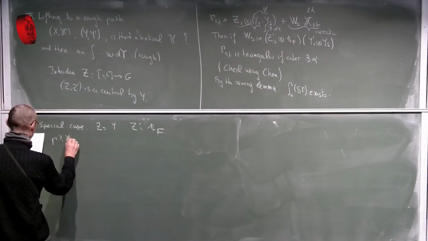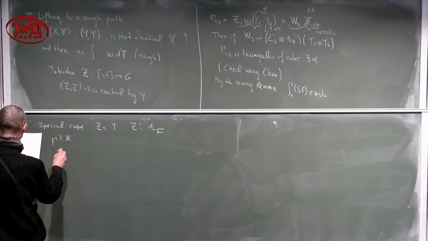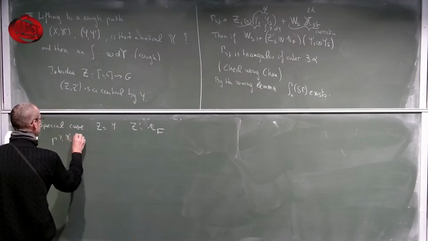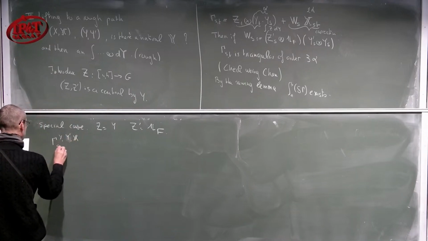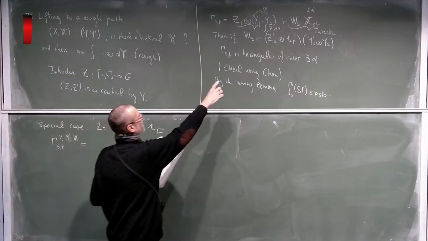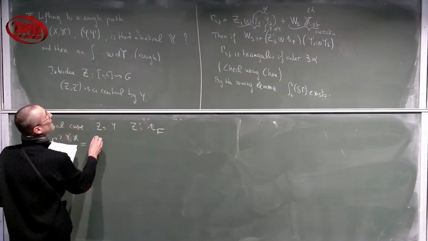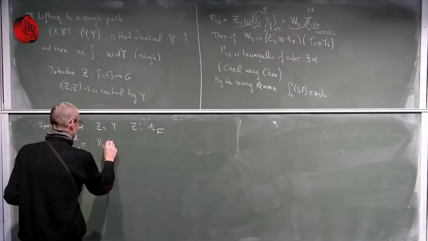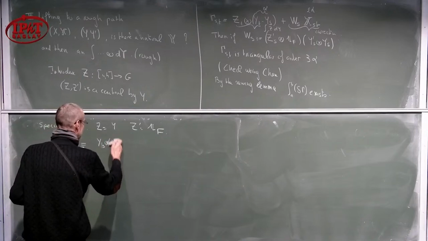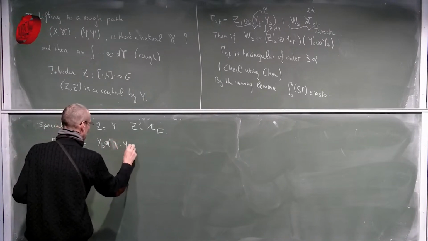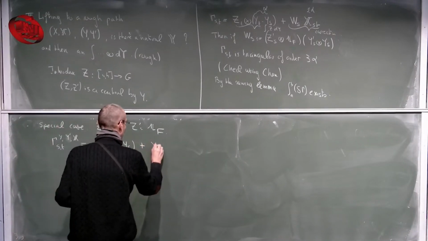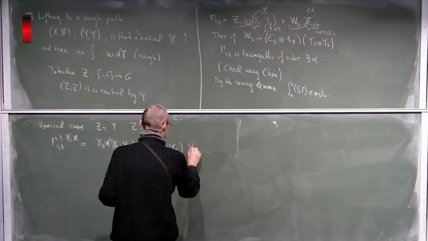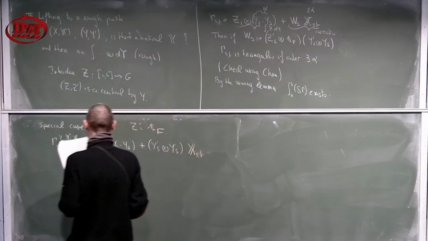It's not in the notes, but let me put the Y prime just to be totally explicit. So I just make explicit what I call gamma in that special case, and this is simply Y_s tensor (Y_t minus Y_s) plus Y prime s tensor Y prime s applied to X_st.